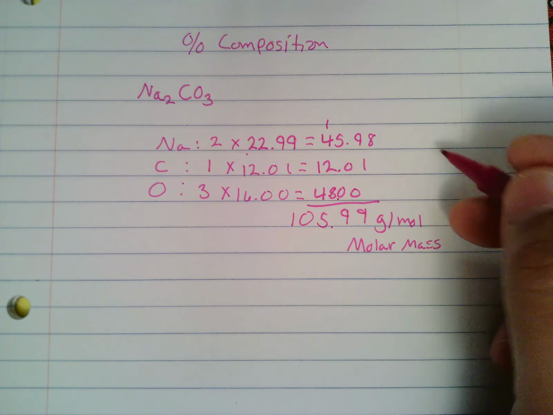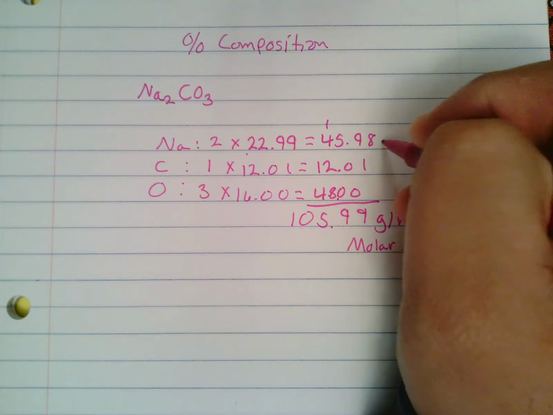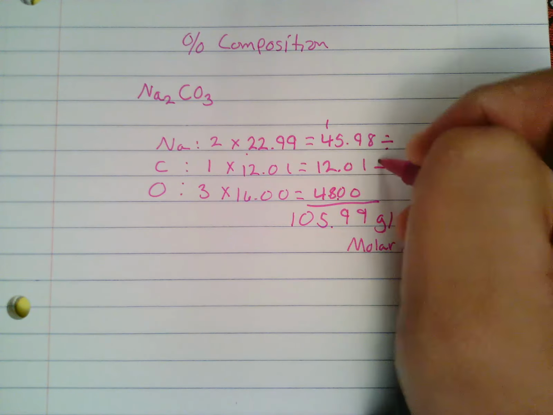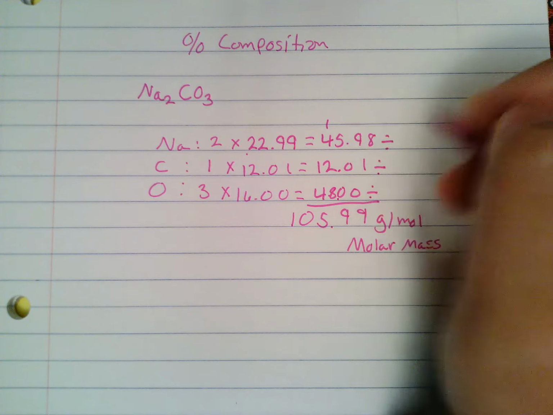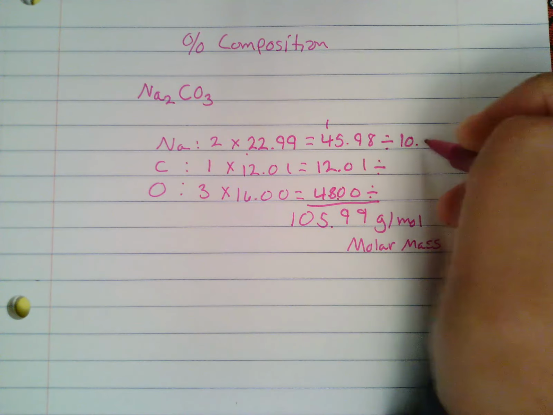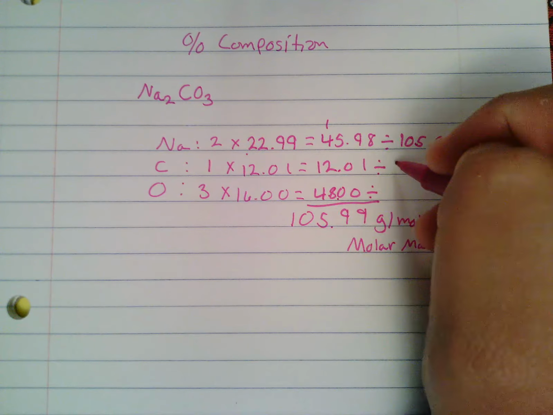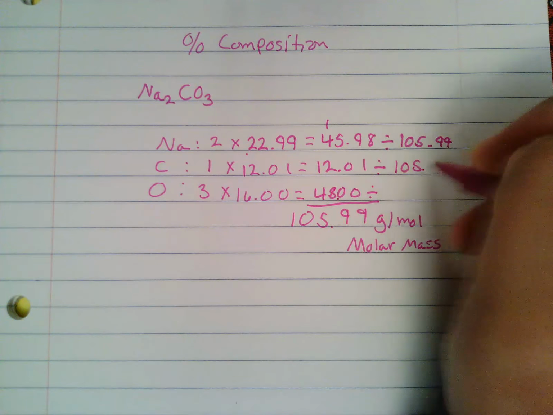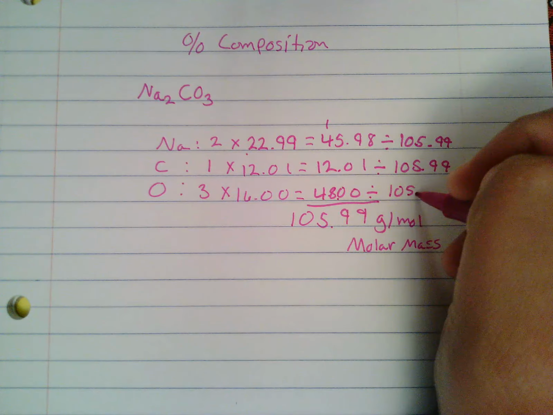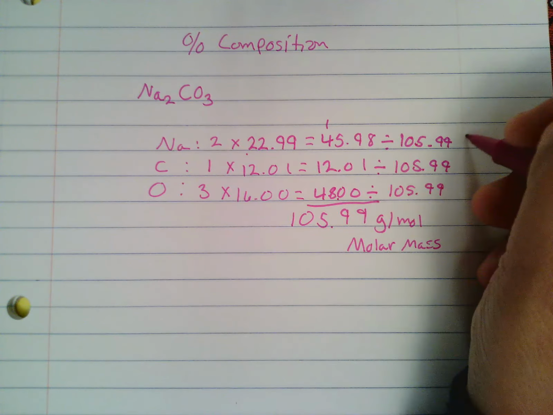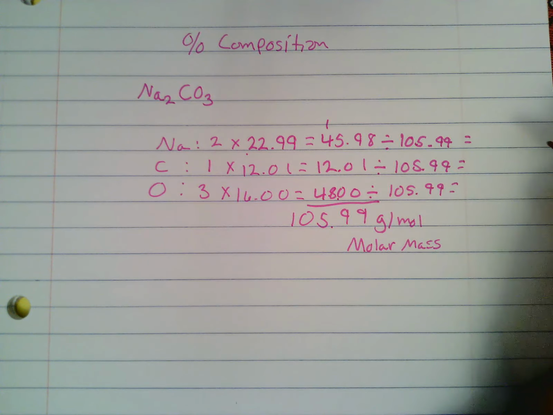We're trying to find out what percent each of these things is of the whole. To do that, we need to take each one and divide it by the total. So 45.98 divided by 105.99, and the same thing for the others, each divided by 105.99. The numbers that we get for all of these are going to be small decimals, and that's fine.